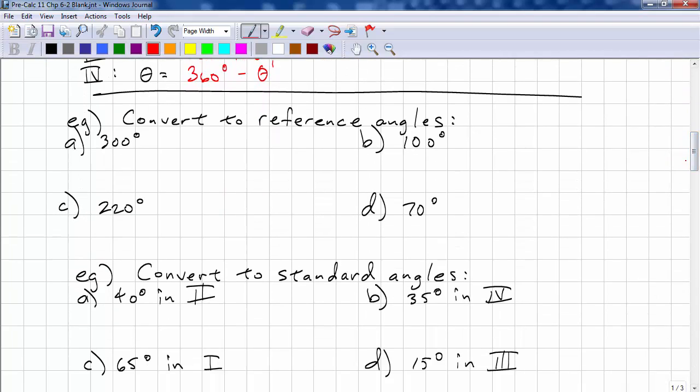So let's run through some examples, converting to reference angles. So 300 degrees, that's in quadrant 4. So we do 360 degrees minus 300 degrees, that's 60 degrees.